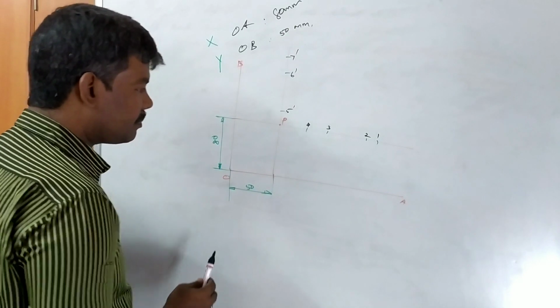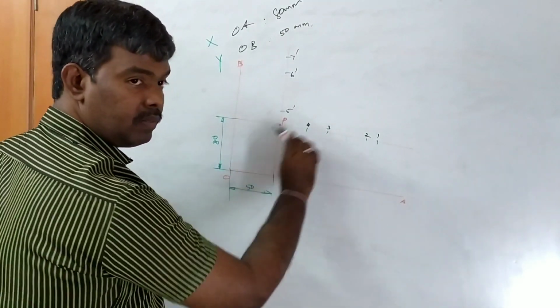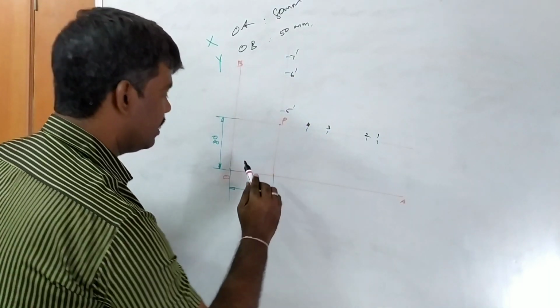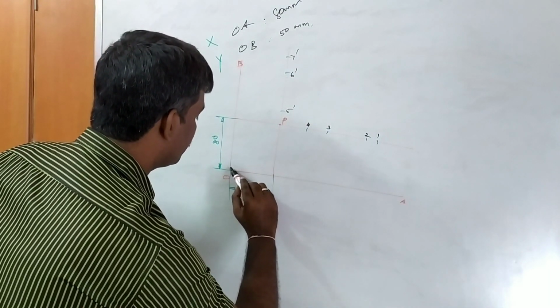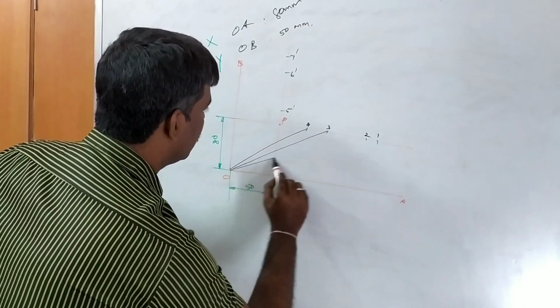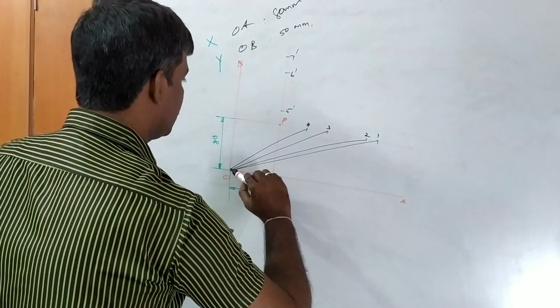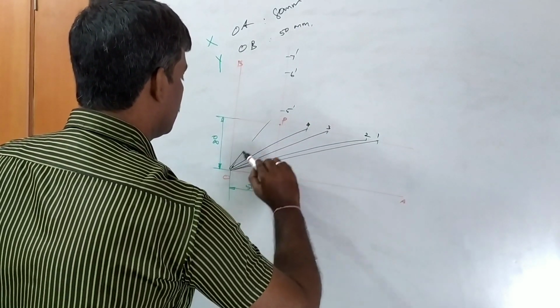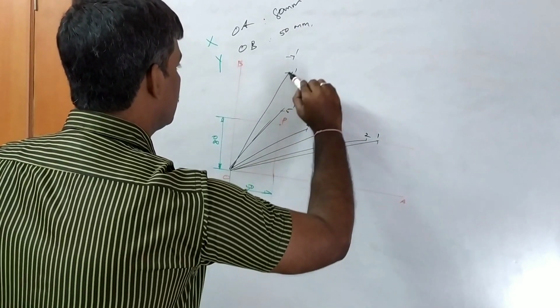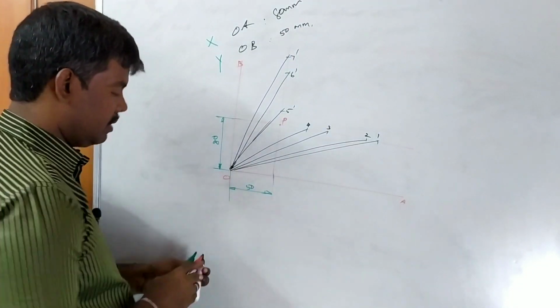After that, join O to 1, 2, 3, 4, 5 dash, 6 dash like that. So you join O4, O3, O2, O1, and similarly O5 dash, O6 dash, O7 dash.